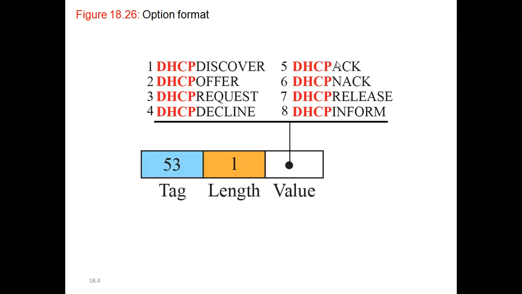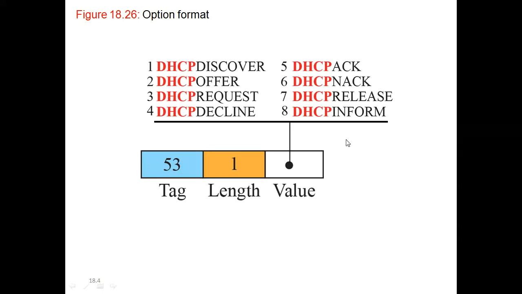If the client receives DHCP NACK or the lease expires, it goes back to the initializing state and tries to get another IP address. And DHCP release: if the client no longer needs an IP address, it sends a DHCP release message to the server. And DHCP inform is to inform the client.